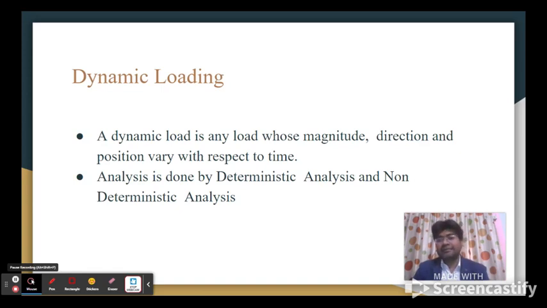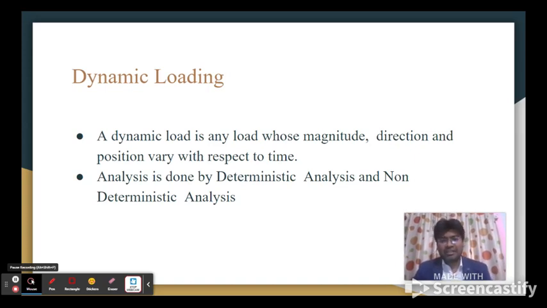Okay? If any load is changing with respect to time, it will come under dynamic load. For example, earthquake load and blast load come under dynamic load. Wind load will also come under dynamic load, and evenly moving traffic on any structure will also come in dynamic load only.